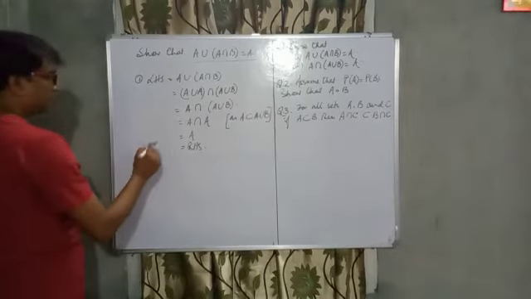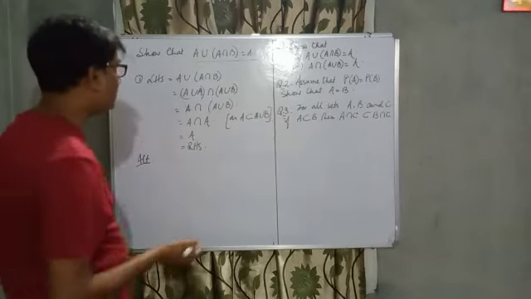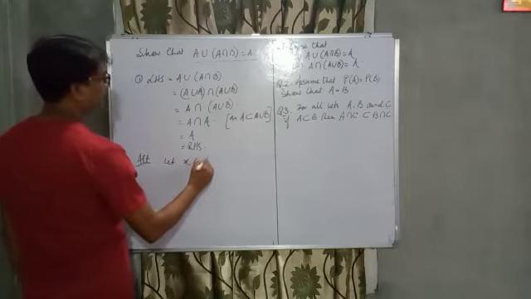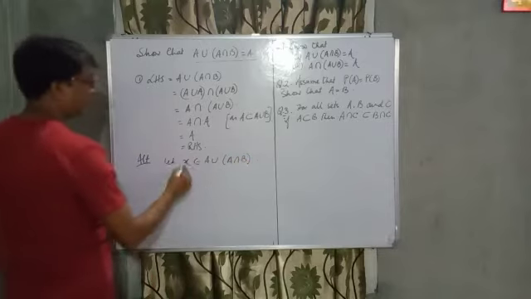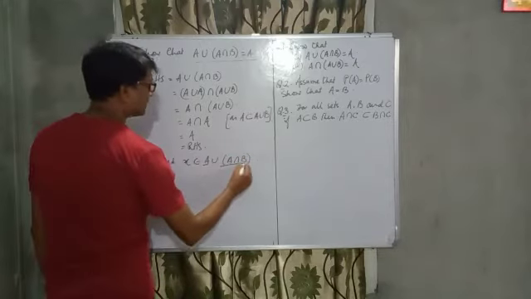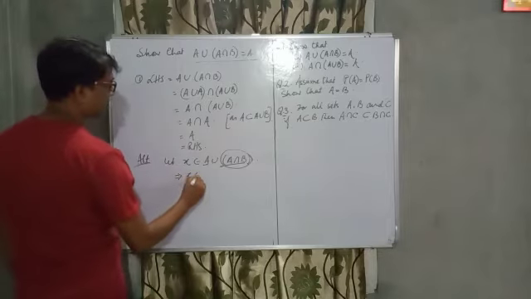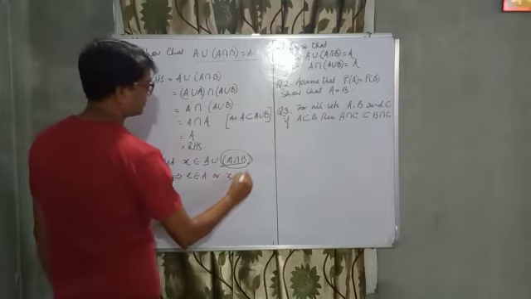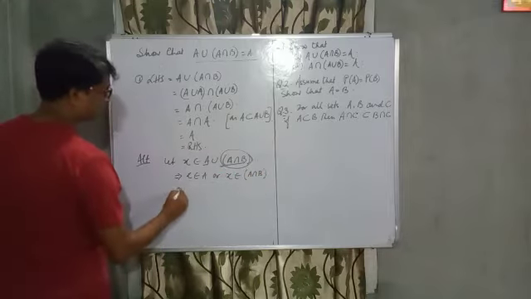Or alternative method, what you can say, let X belongs to A union (A intersection B). A intersection B is also a set. So what you can say, X belongs to A or X belongs to A intersection B. That means what?